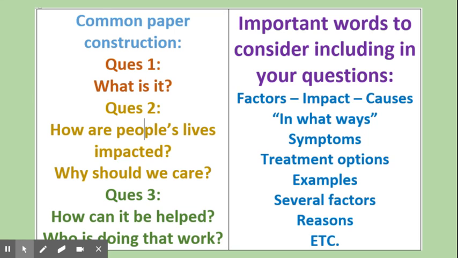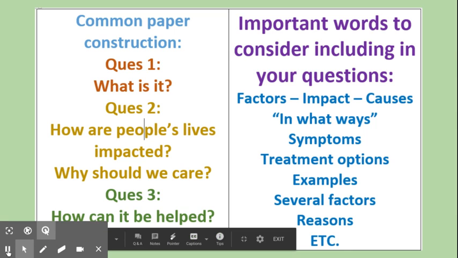Examples, several factors, reasons. These are not the only things, but those plurals will give us the space to talk about our topic a little bit. So remember, at the beginning, just like what it is, grow that a little bit, introduce us to it, and then really dig into how people are impacted, and then how can we help that. All right, good luck.